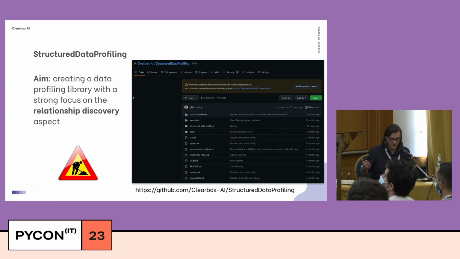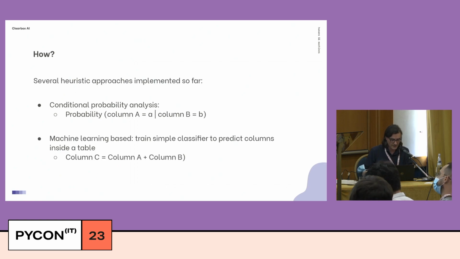So we are working on an open source library, very much a work in progress, which aims at creating these expectations as automatically as possible, given a table, create this kind of data docs and expectations, especially focusing on the relationship part. So on the relationship between columns and rows of this table.